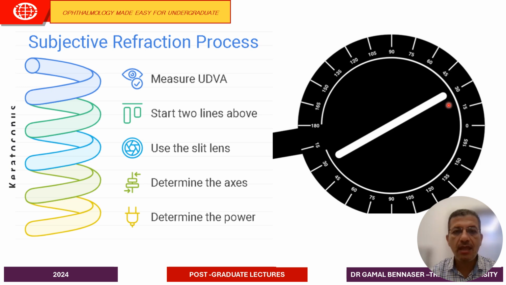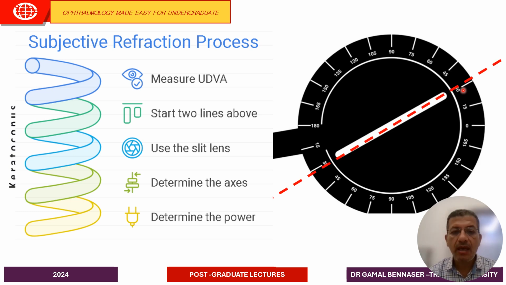We should determine the power needed to have the best visual acuity through this meridian, and then we verify the axis by minor rotation and ask the patient whether he sees very good vision or not. Then after that, we will verify the power of this meridian by adding minus lenses and see what's the best visual acuity for this patient.